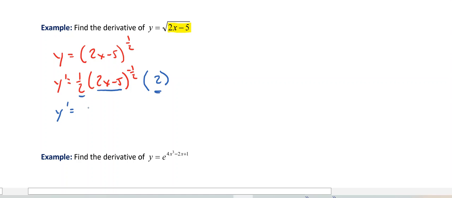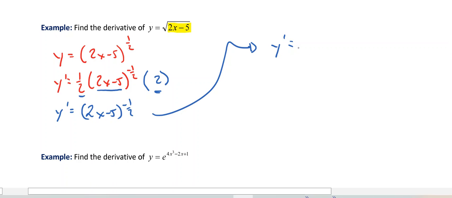And then we have 2x minus 5 to the negative 1/2 power. We would prefer to write that without a negative exponent and write it as a radical. So this would be 1 over the square root of 2x minus 5.